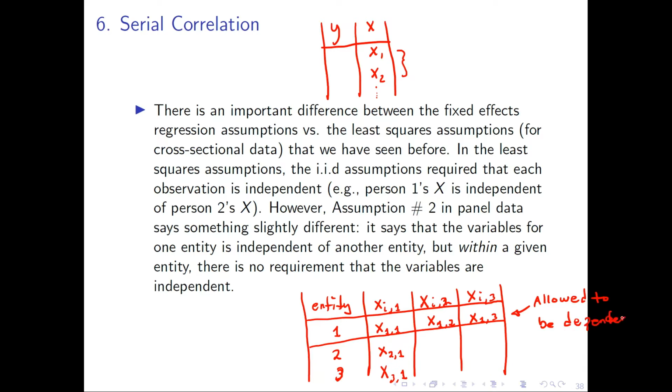Whereas the x variables among entities are not allowed to be dependent.